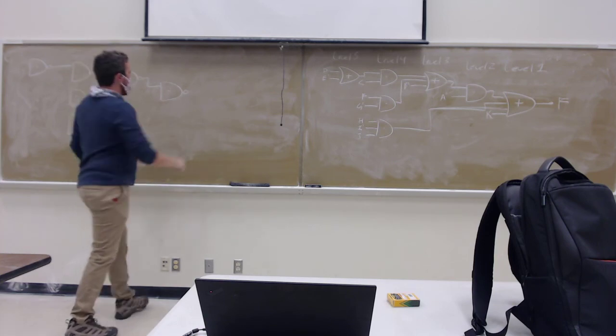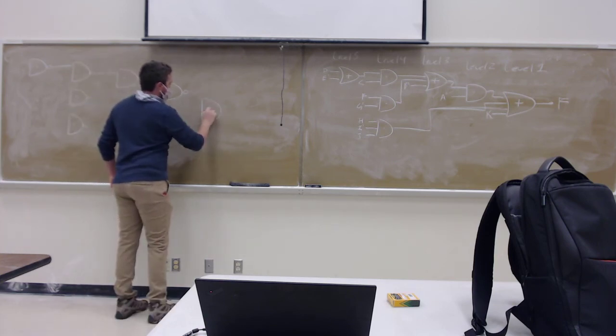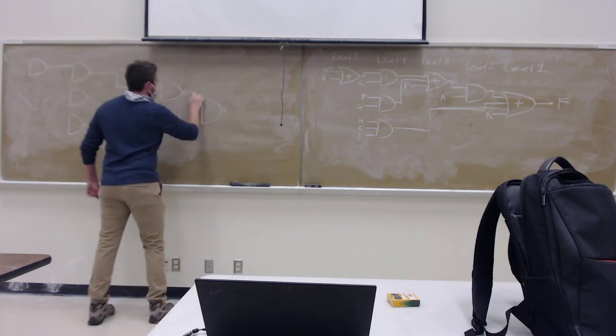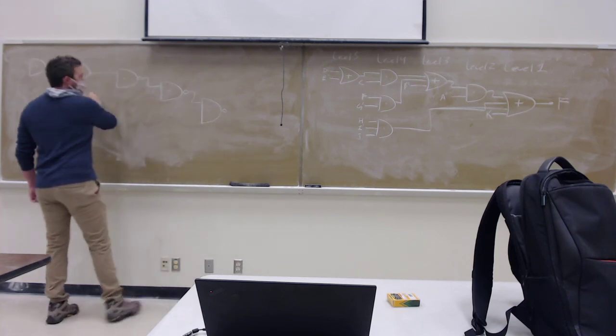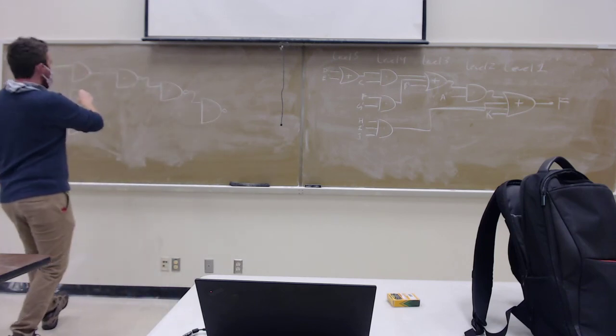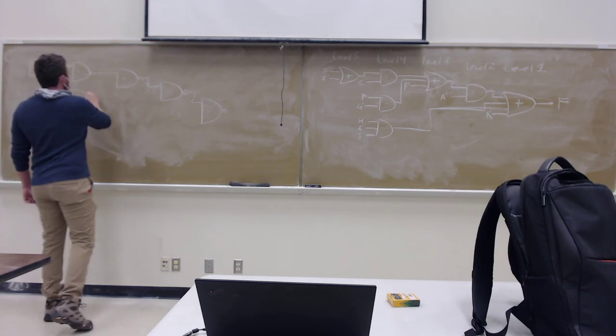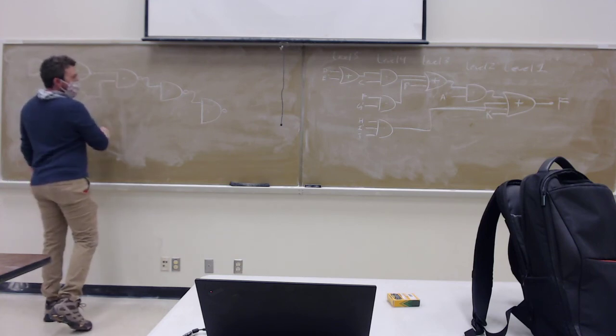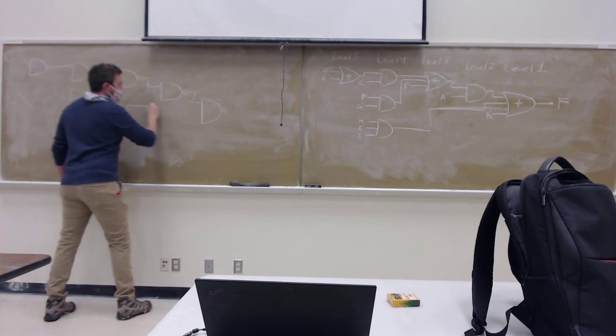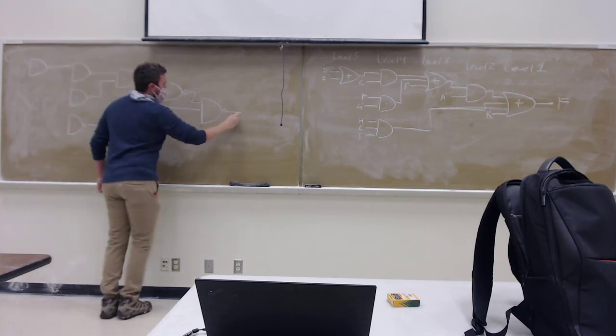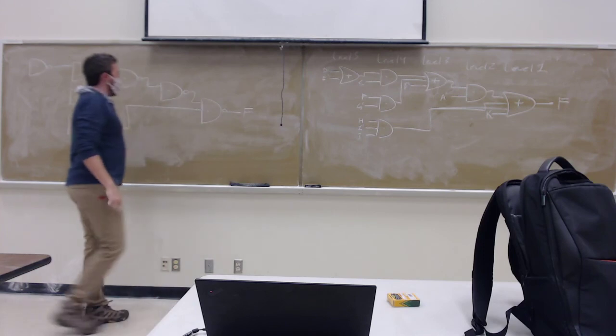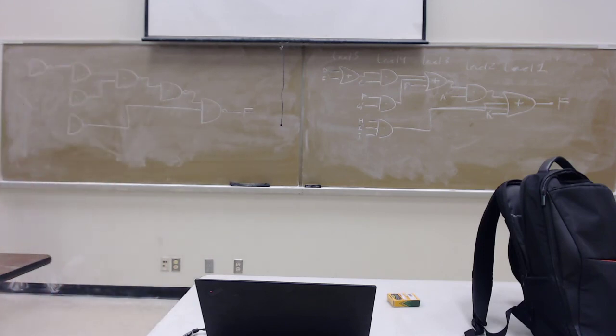And then we finish off with a final AND gate. That should go there. That should go there. And then output F. That was kind of hard to do without drawing the inputs. Okay, so there we've done our switch over to just NAND gates, right?